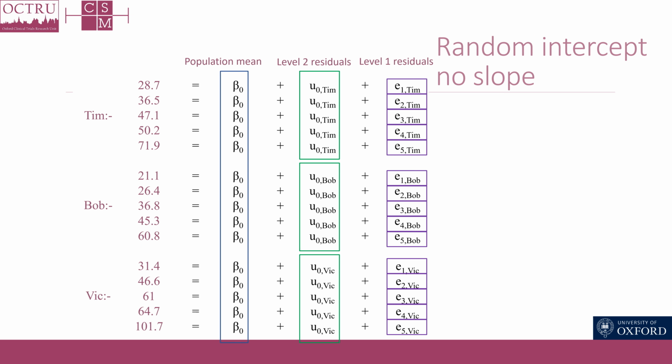And using the terminology we just introduced, the three parts that make up the prediction for Tim, Bob, and Vic at each time point will consist of the population mean, Tim's, Bob's, or Vic's level 2 residual, and Tim's, Bob's, or Vic's level 1 residual.